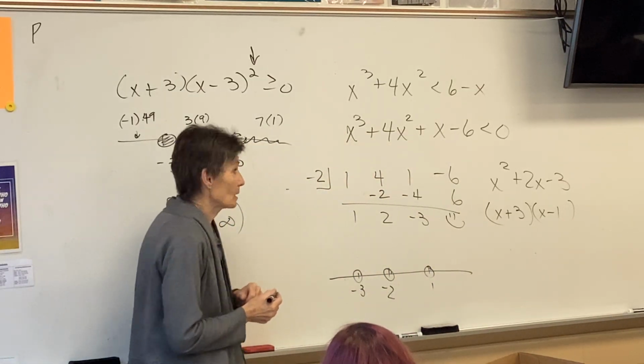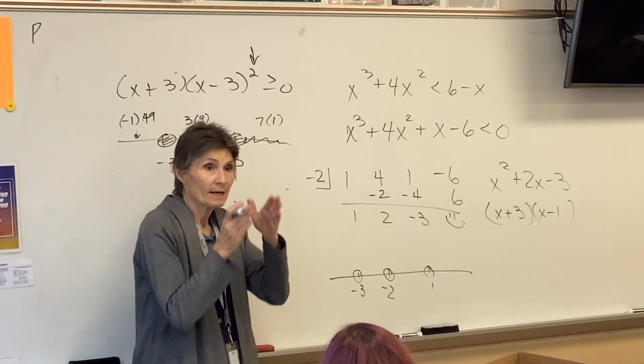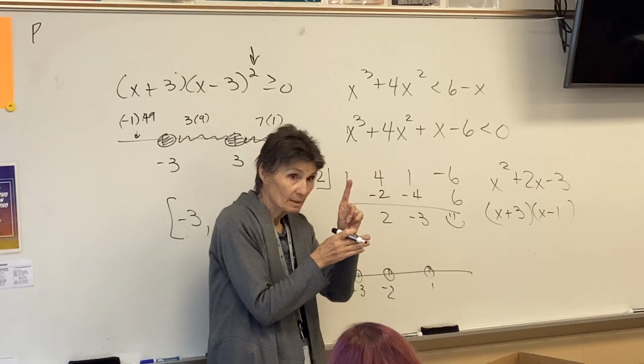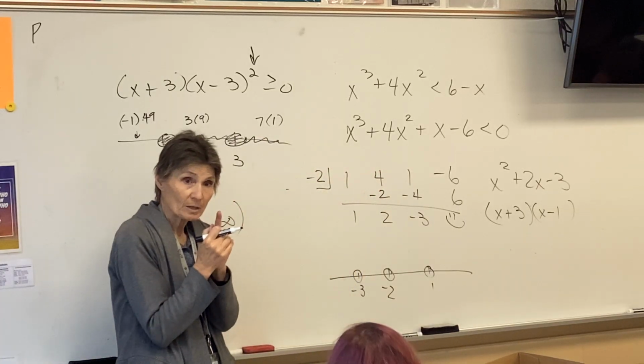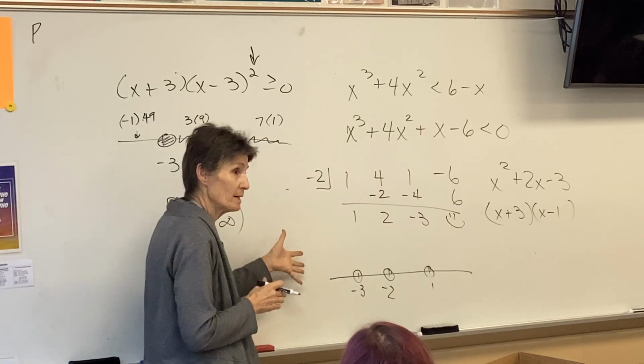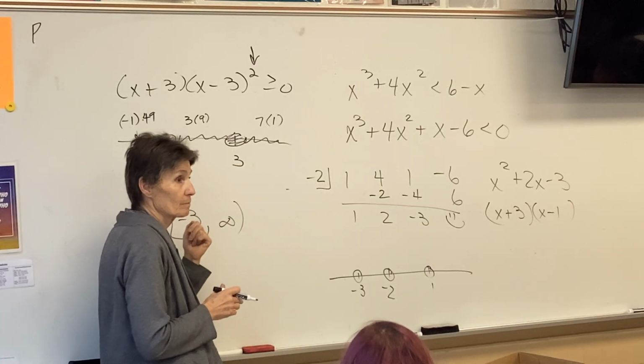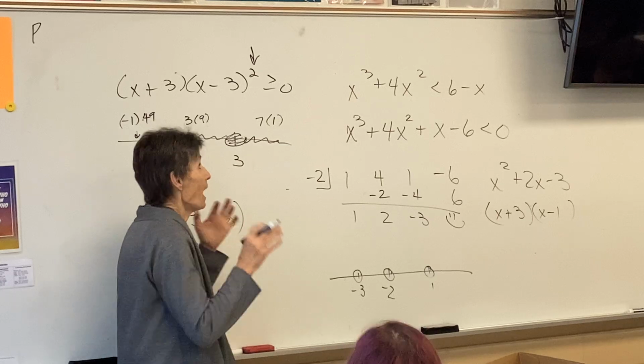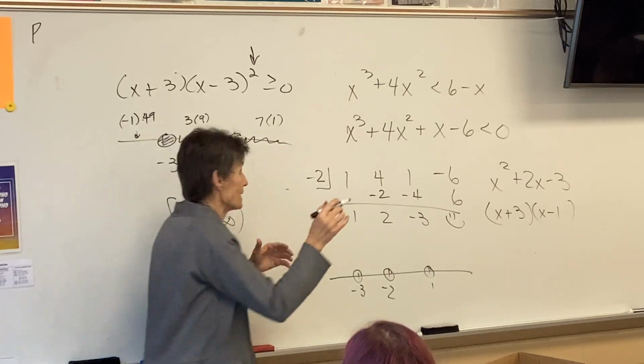Now, we're going to shade every other light, but I don't know where to start. So I'm going to pick a number somewhere. What number do you want to pick? Negative 4 is fine. I'm going to pick 0, and here's why.